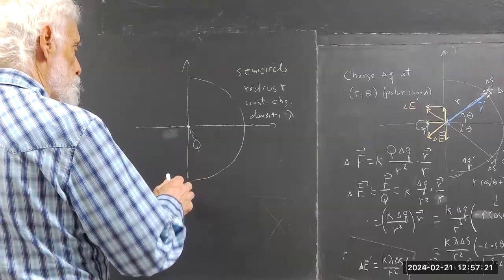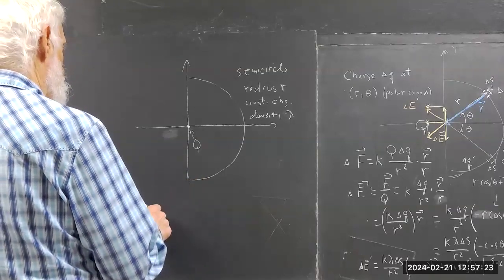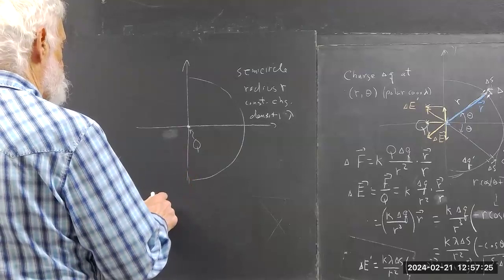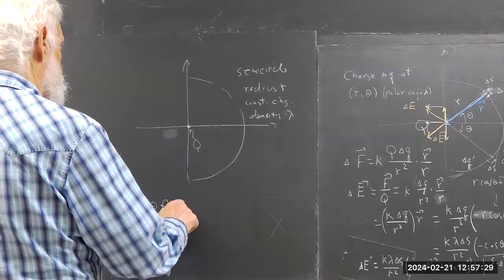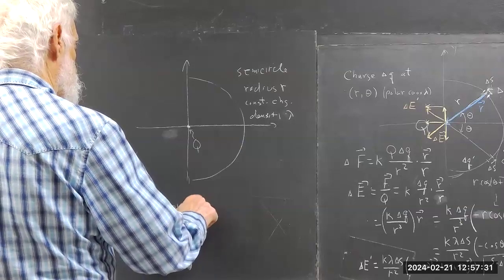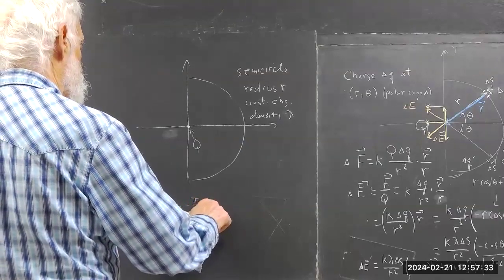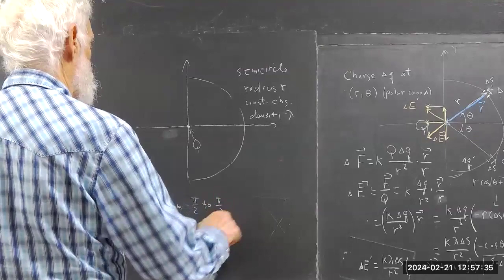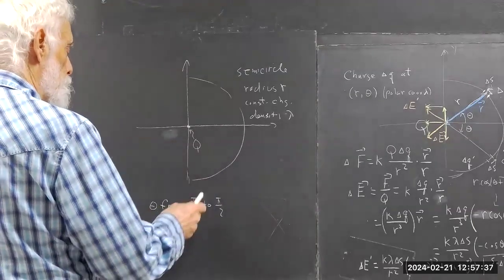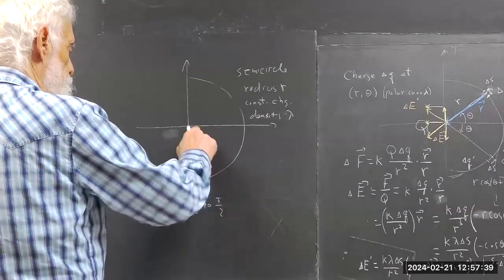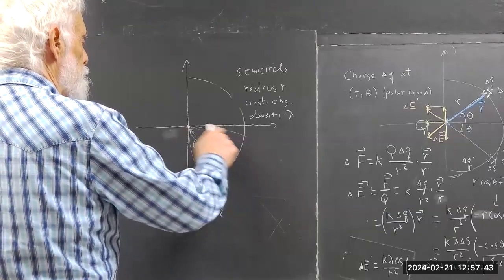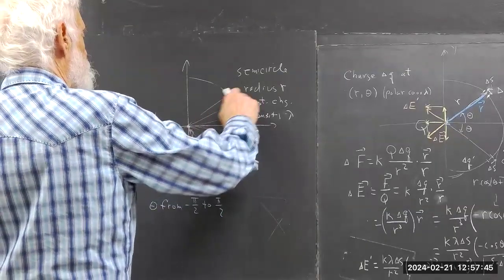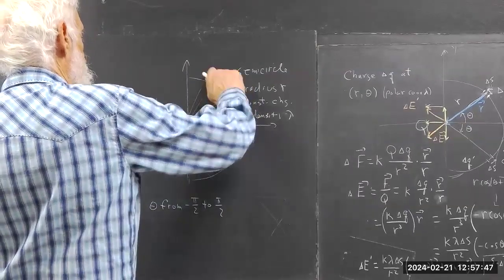The way I'm going to choose to parameterize it is theta going from negative pi over 2 to pi over 2, divided up into intervals of length R delta theta.